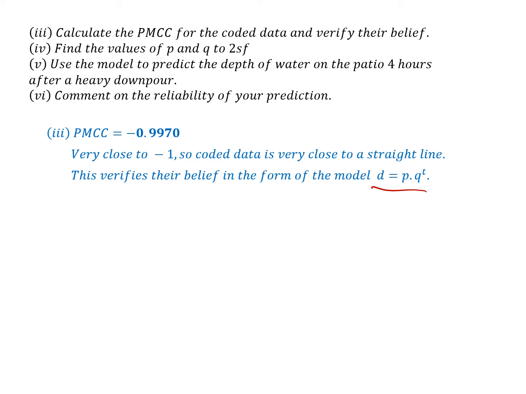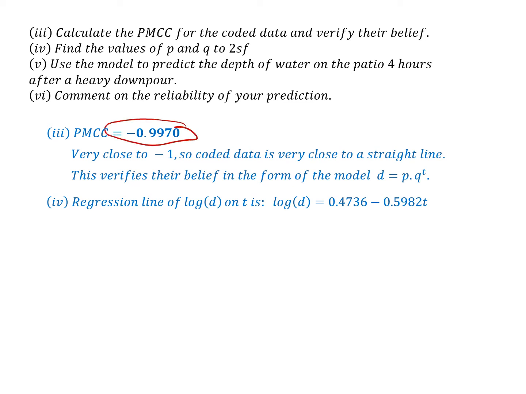So now we need to find the values of p and q to 2 significant figures. Now, if you've popped the data into your calculator to find the product moment correlation coefficient, then you should also be able to, using the calculator, get the values of the y-intercept and the gradient for the linear model.